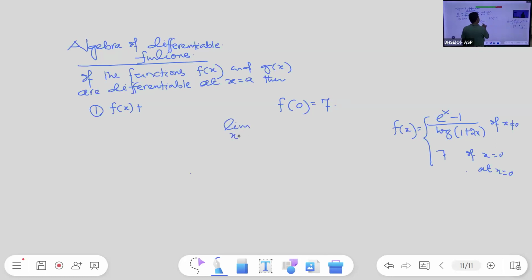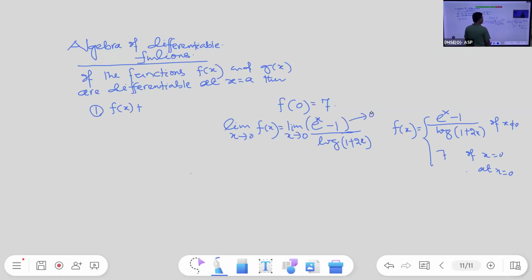Limit as x tends to 0 of f of x is equal to limit as x tends to 0 of e raised to the power x minus 1 upon log of 1 plus 2x. When x is approaching 0, e power x approaches 1, so e power x minus 1 approaches 0. So the numerator approaches 0.